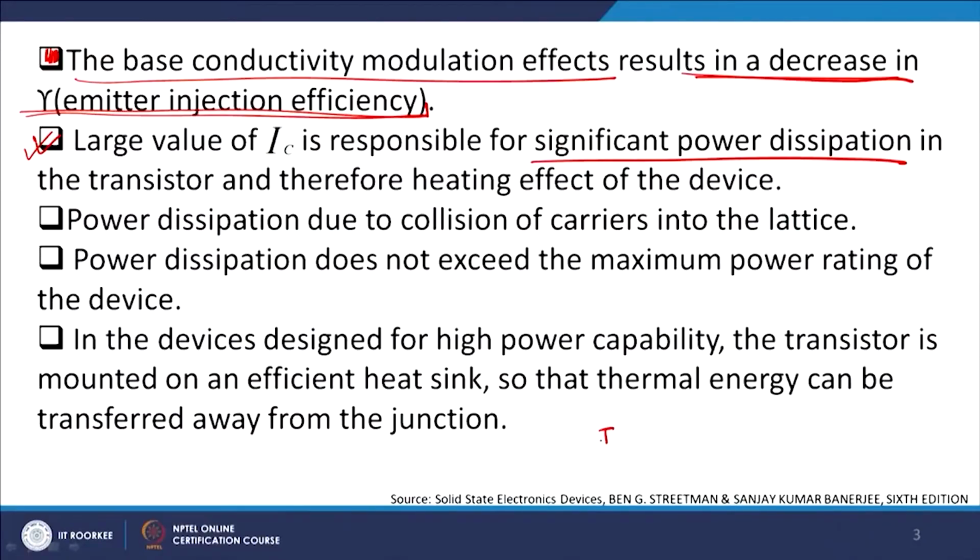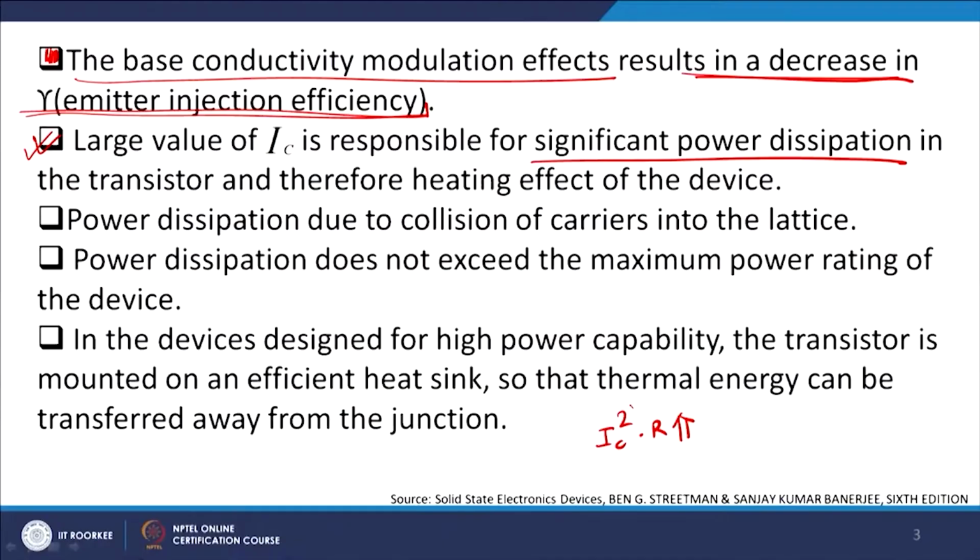The reason is that IC squared times R, which is basically my power dissipation, will be very high because the collector currents are very high. It is almost like a parabolic increase in the power dissipation. Even if you double your collector current, you make the power dissipation increase by 4 times, which is quite large.